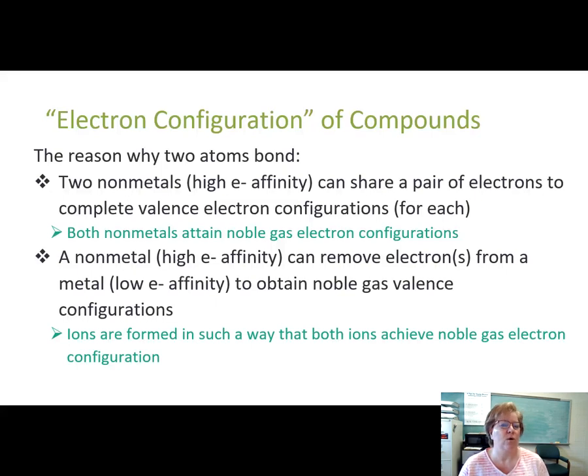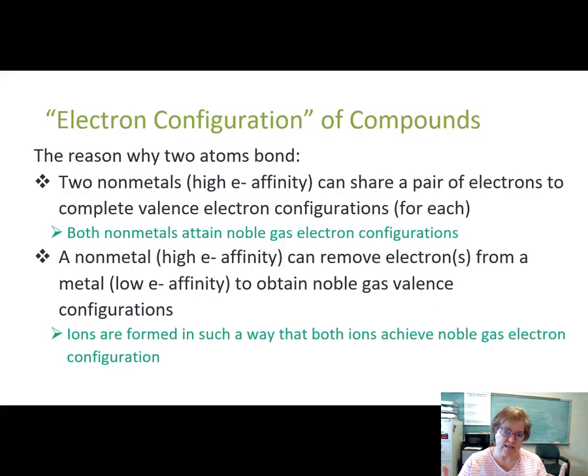We also have a nonmetal of high electron affinity, again a strong pull, arriving near a metal which has a relatively low electron affinity and can't pull on more electrons as strongly as that nonmetal can. The nonmetal can take the electrons away and form a negative ion, leaving the metal as a positive ion.